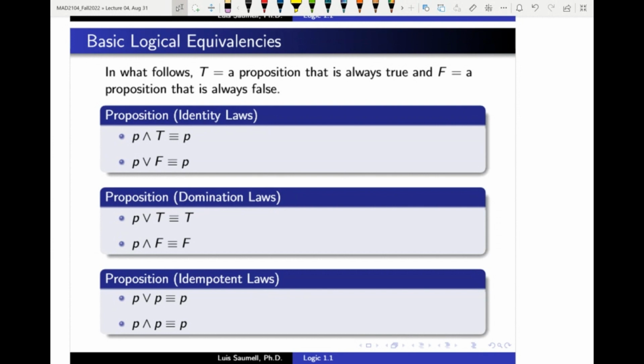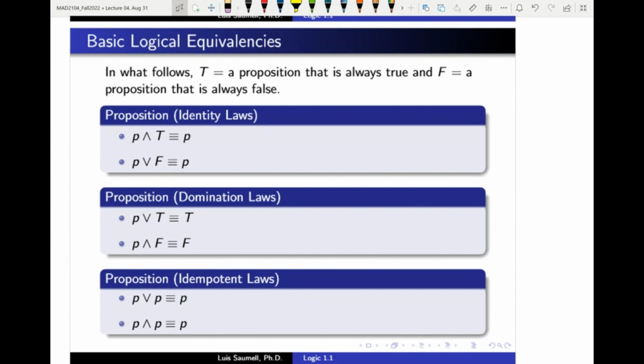That's just 2. The 1 is not doing anything. So basically, this is telling you that a tautology is neutral with respect to the conjunction. If you do something and a tautology, that's just the something that you have in here. That's like multiplying by 1 or adding 0. Tautology is neutral with respect to this operation.